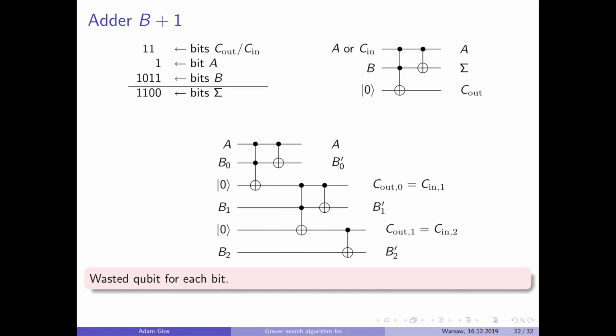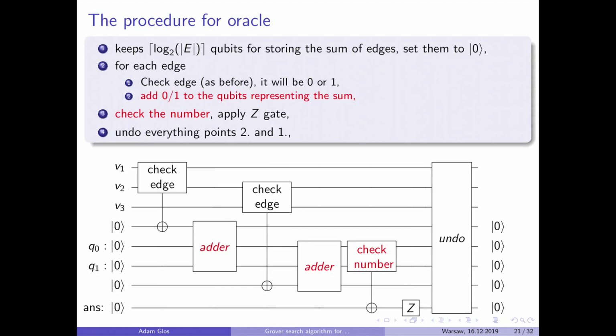Here, because we have 3 digits only, it is just moved to the last qubit for B2 prime. So this is how we can add one to a given number, which is what we needed here. This is precisely the adder.